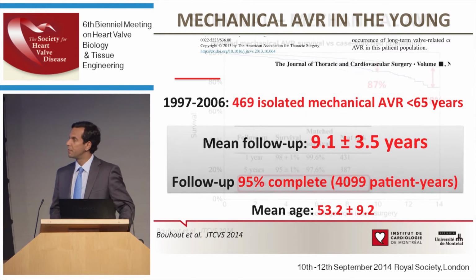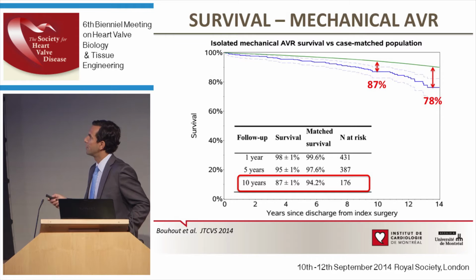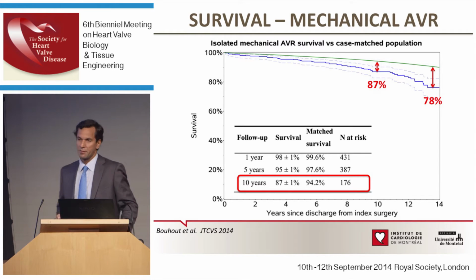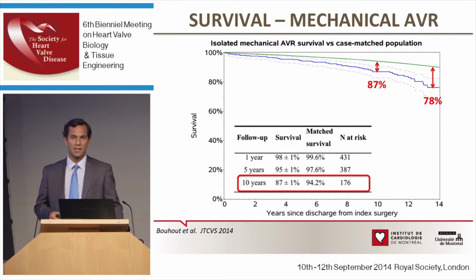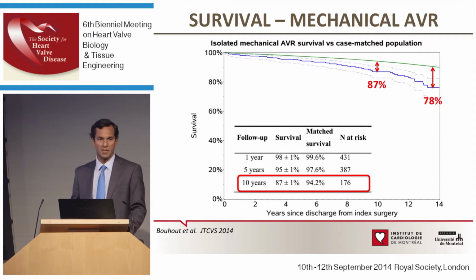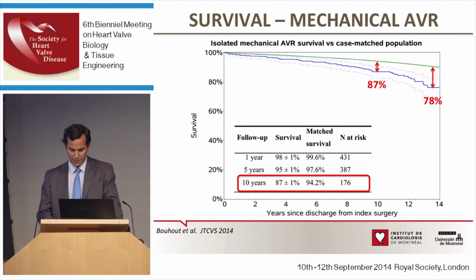And what we did observe, when we compared the long-term survival to the Quebec age- and gender-matched population, was a significant difference at 10 years, which seems to continue to increase at 15 years. And overall survival at 10 years in these patients, again, isolated elective mechanical aortic valve replacements in patients who are 53 years old, was only 87% at 10 years.